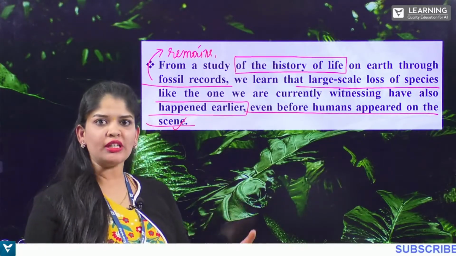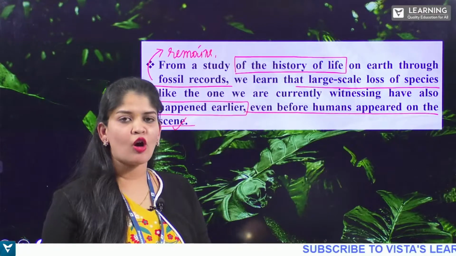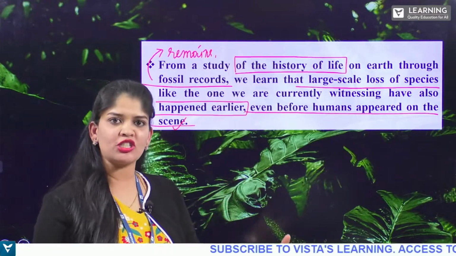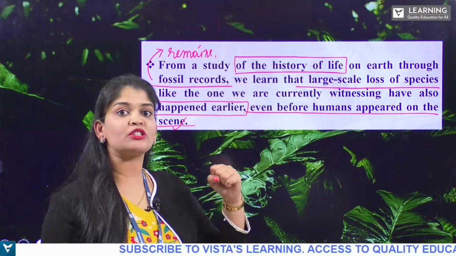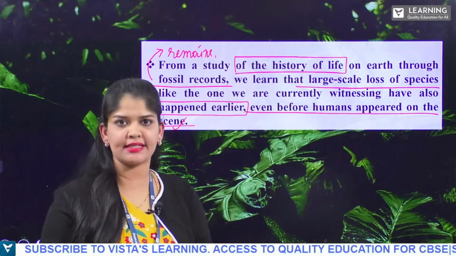So there are totally 5 episodes of mass extinctions of species that happened even before the human race came into existence.